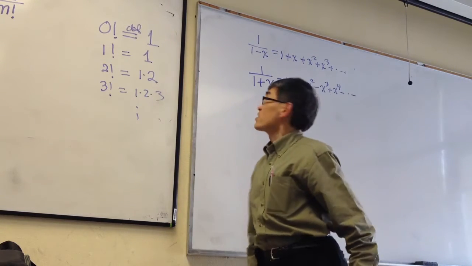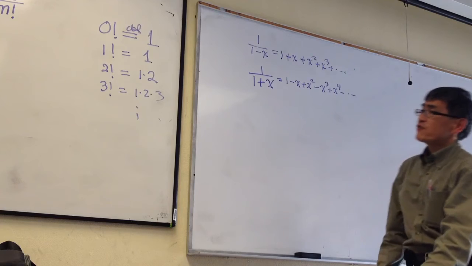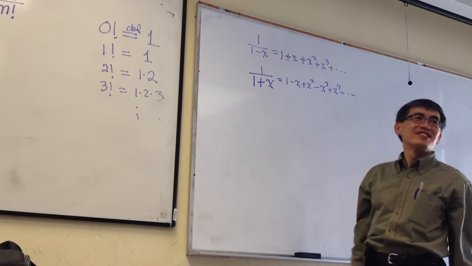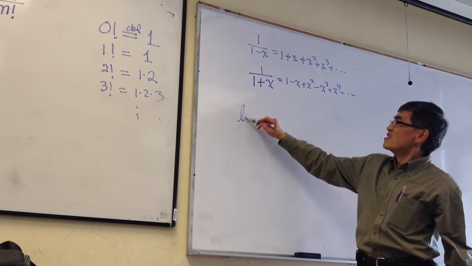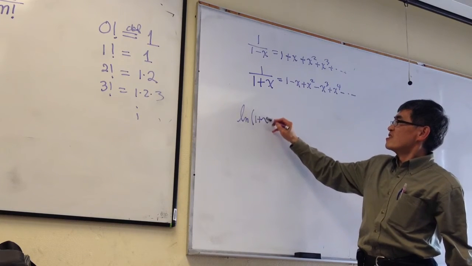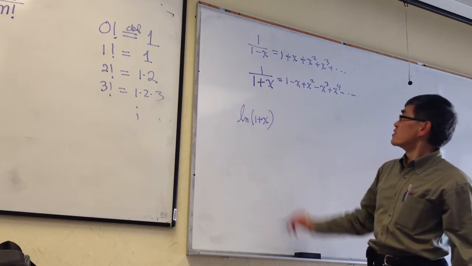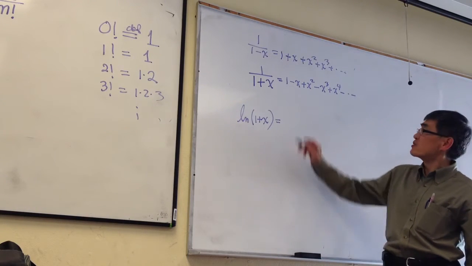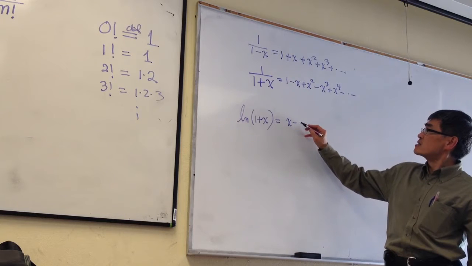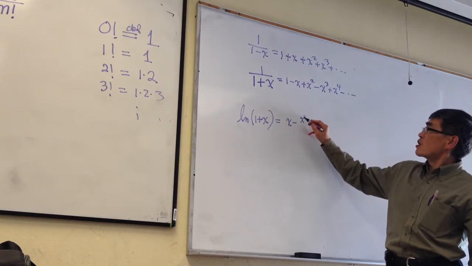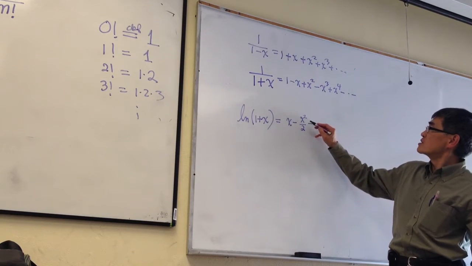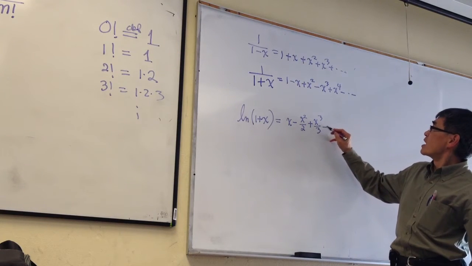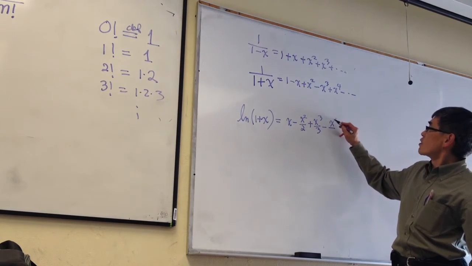Right? Okay? And then if I take antiderivative, what is that? Isn't that an antiderivative? And therefore, on the right hand side I take term by term antiderivative. So x minus what? X squared over 2, right? Plus x third power over 3 minus x fourth power.